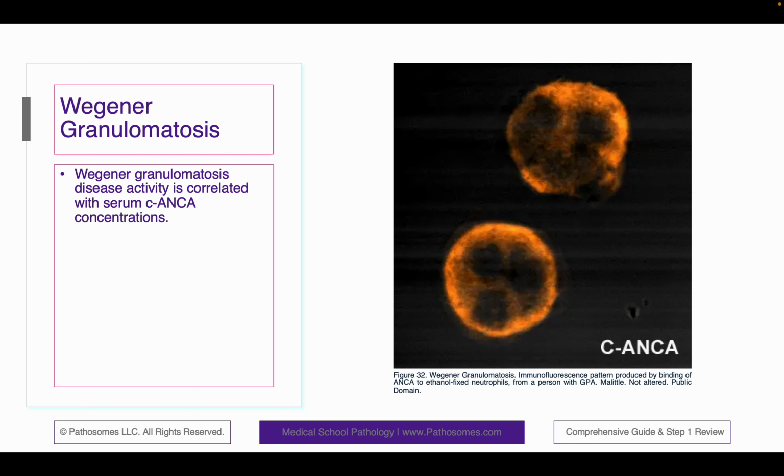C-ANCA is associated with Wegener granulomatosis, right? Wegener granulomatosis disease activity is correlated with serum C-ANCA concentrations.